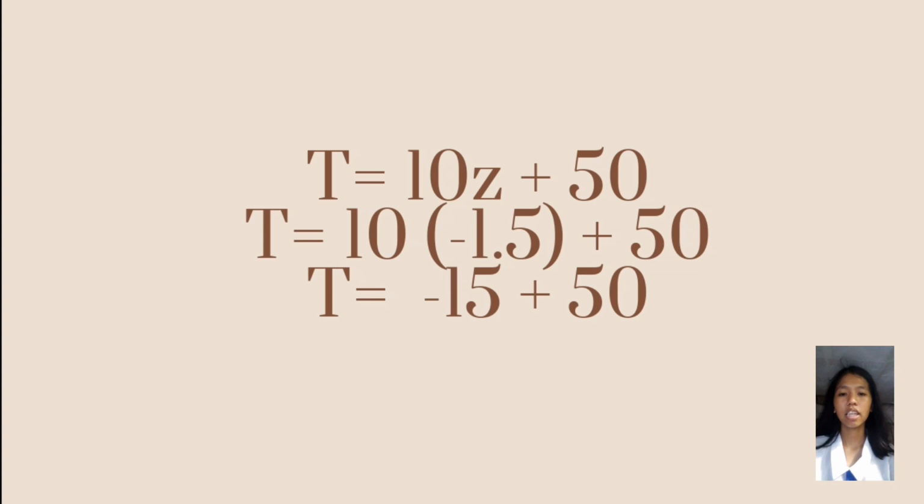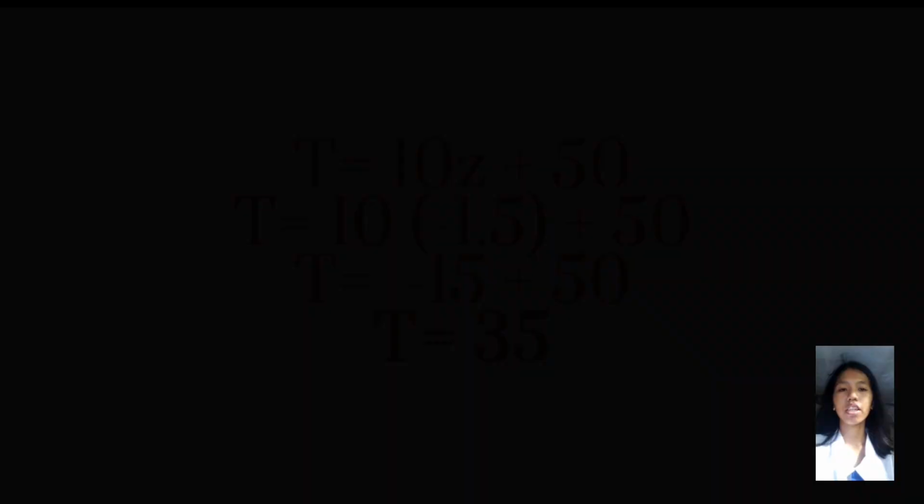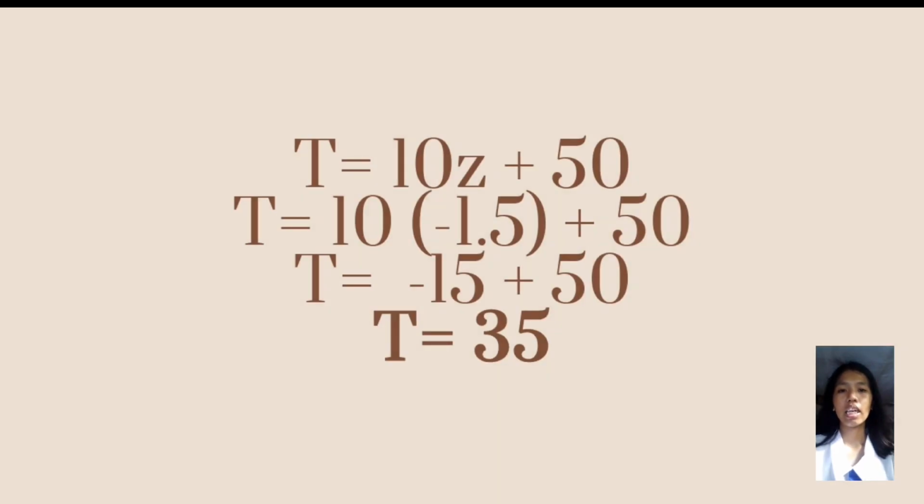So 10 times negative 1.5 is equal to negative 15. So T is equal to negative 15 plus 50. So we will get 35. A z-score of negative 1.5 converts to a T-score of 35.